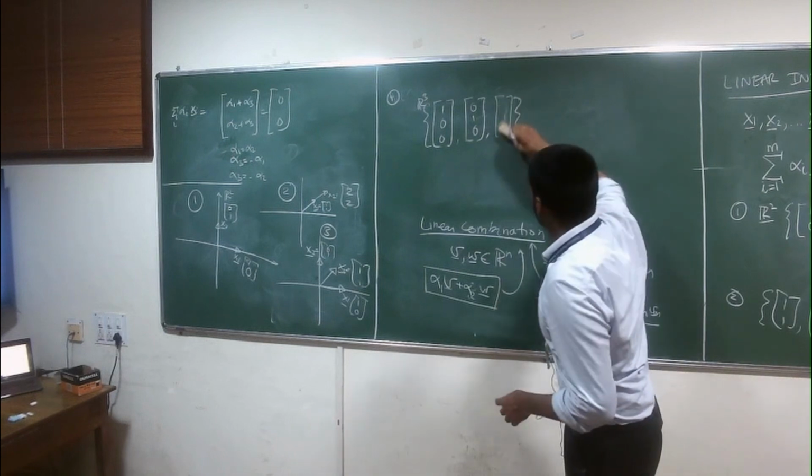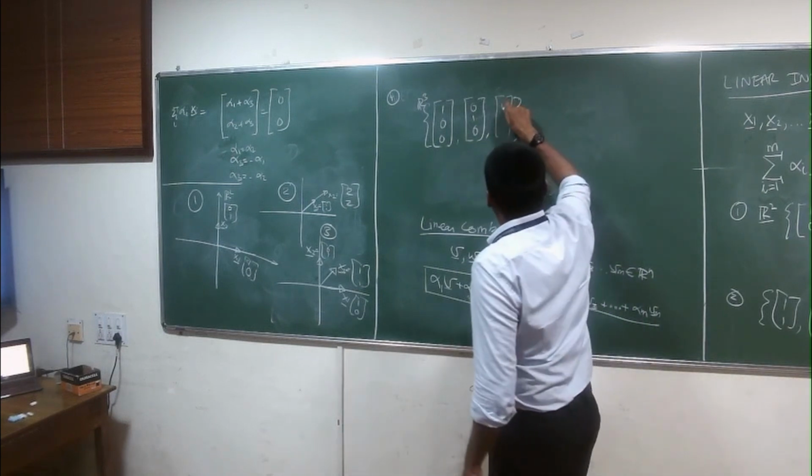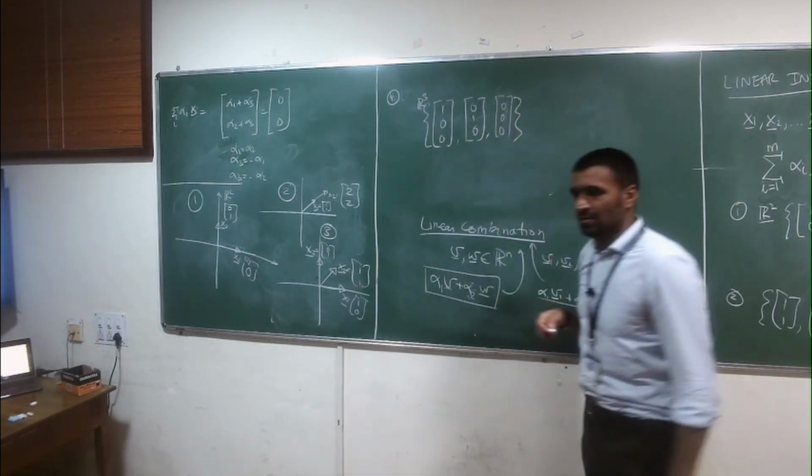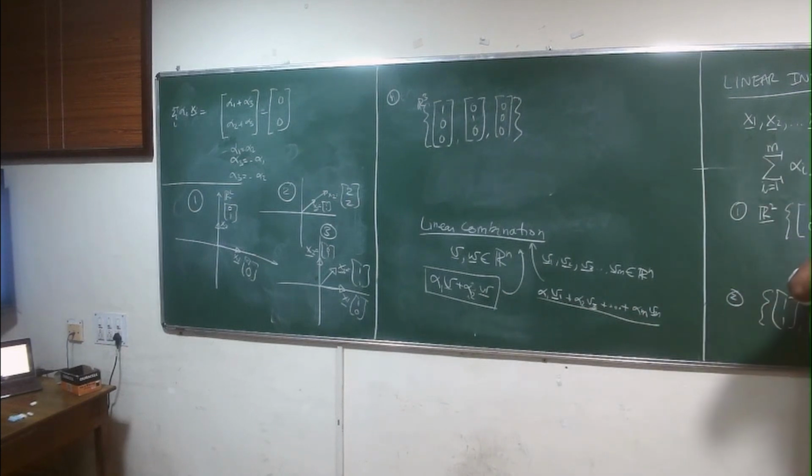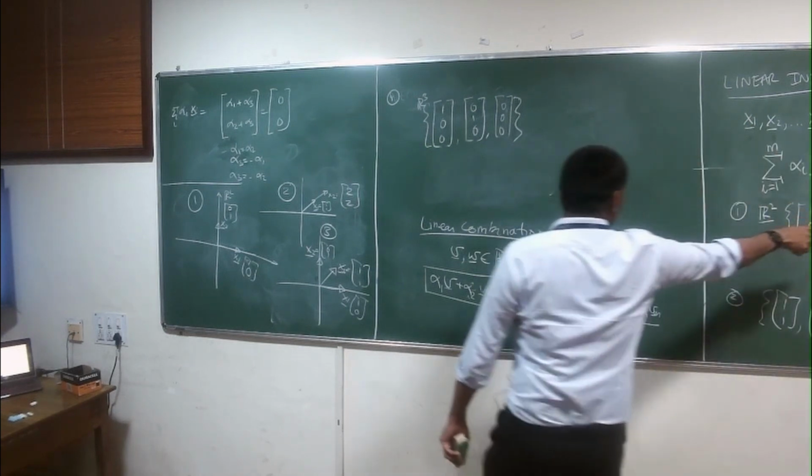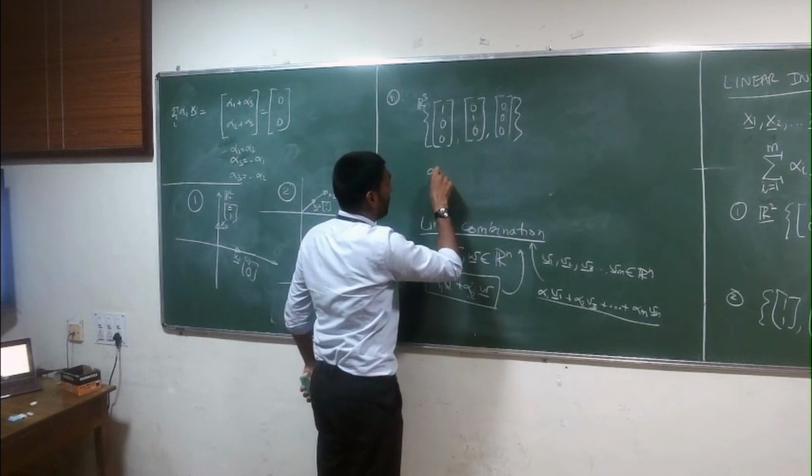What about this? What if I had something like that? Is that set linearly dependent or independent? Independent. Okay, let's do the same thing as we did there. So you get alpha 1 times the first vector and so on.